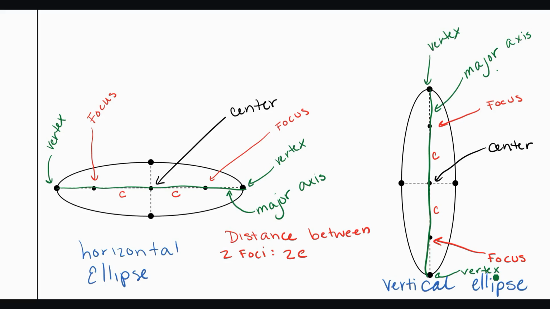The distance between the center and a vertex, this distance right here and this distance right here, is A. Remember, C was just the part from the center out to the focus.